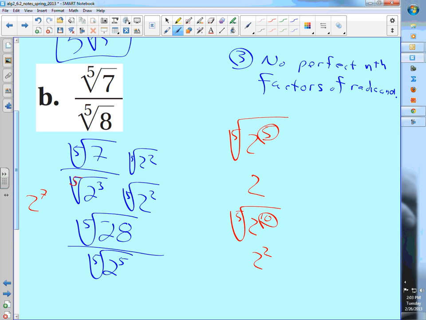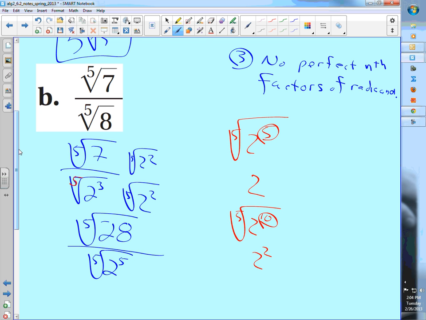We would want 10. I want to know that the next one is 2 to the 10. What would I have to multiply this by to get to 2 to the 10? 2 to the 3rd. So you would do the 5th root of 2 cubed on that problem. And we're going to see others in a moment.